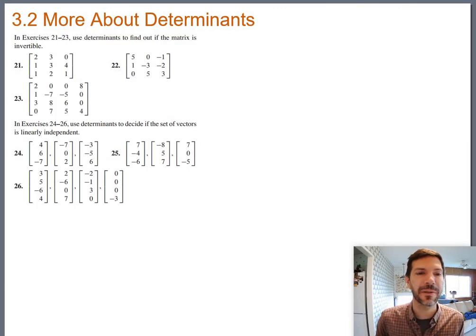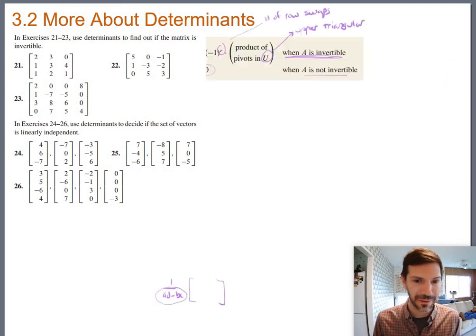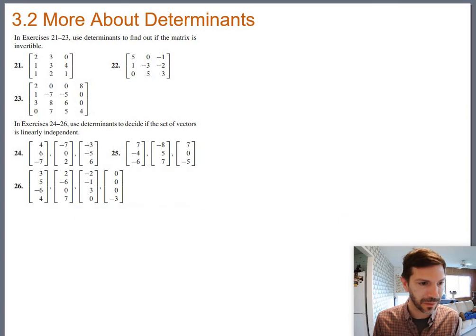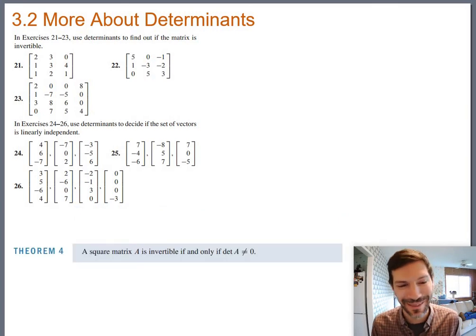I just wanted to point out for 21 through 26, they're first of all saying use determinants to find out if the matrix is invertible. So keep in mind, see if I can pick the right layer. Nope. Nope. Nope. Where was it? There it is.